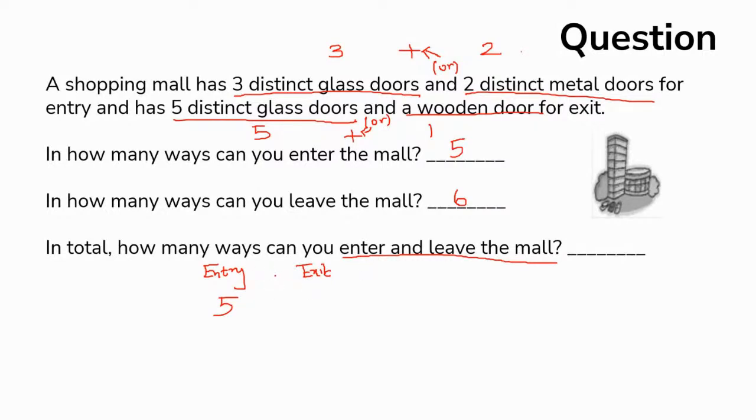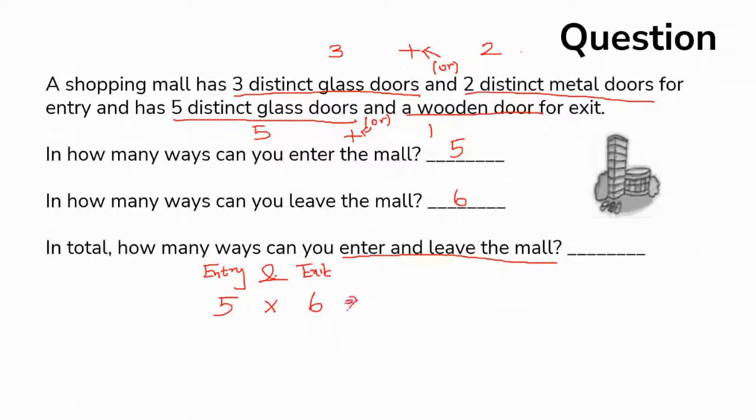In this case, entry and exit: I have to make entry in five distinct ways, and six ways of exit are possible. So entry and exit means it is going to be unconditioned. Whenever unconditioned comes, we will always be multiplying between these.